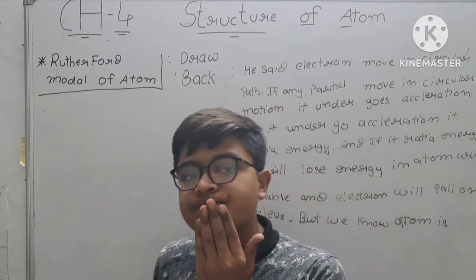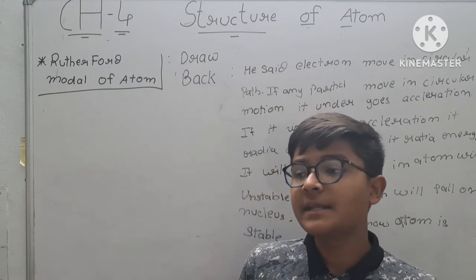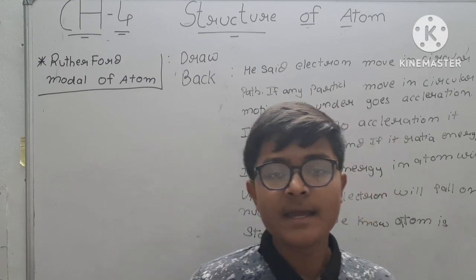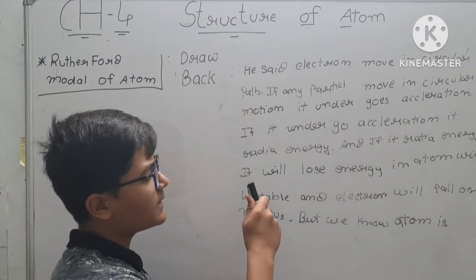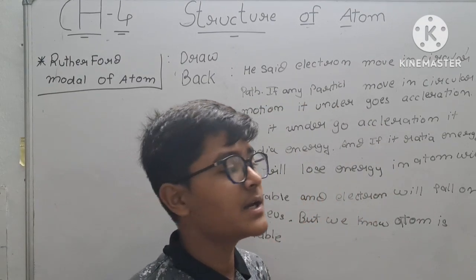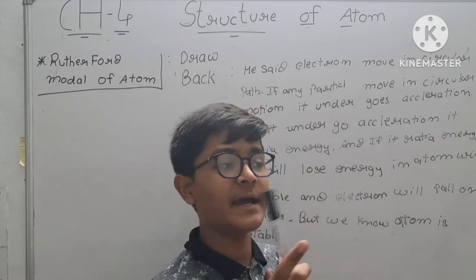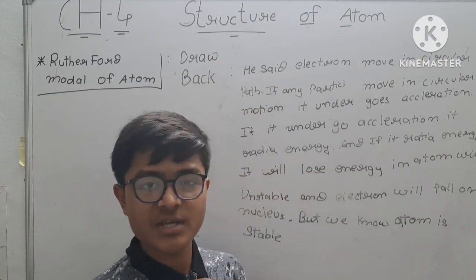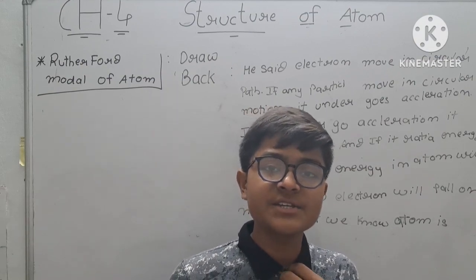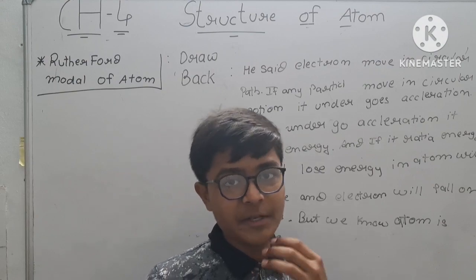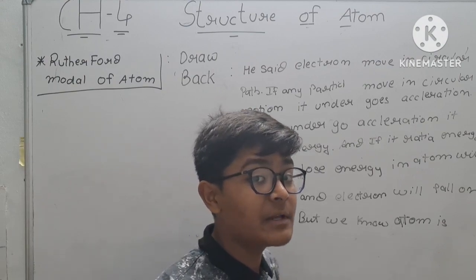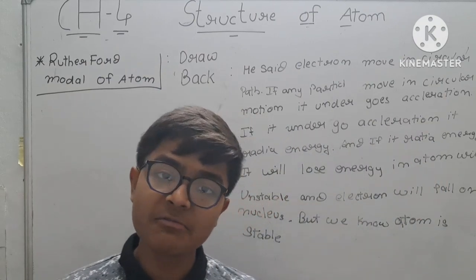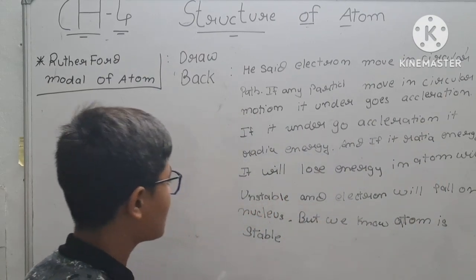We all know that if any particle undergoes acceleration, it would radiate energy. If the negatively charged electron is revolving around the nucleus, it means it will undergo acceleration. If it is doing acceleration, it would radiate energy. It will radiate energy, and when it loses its energy, it will fall on the nucleus.